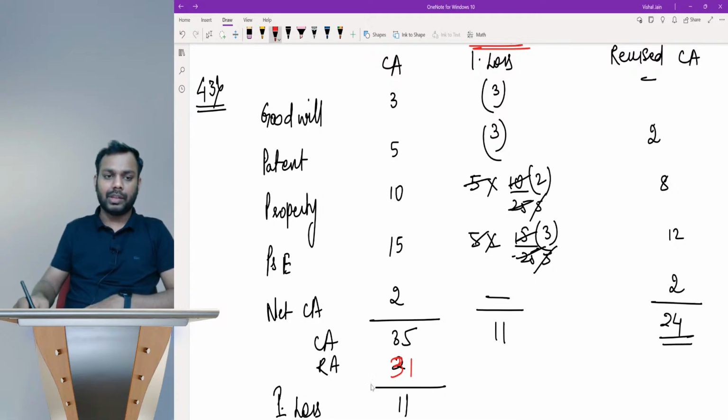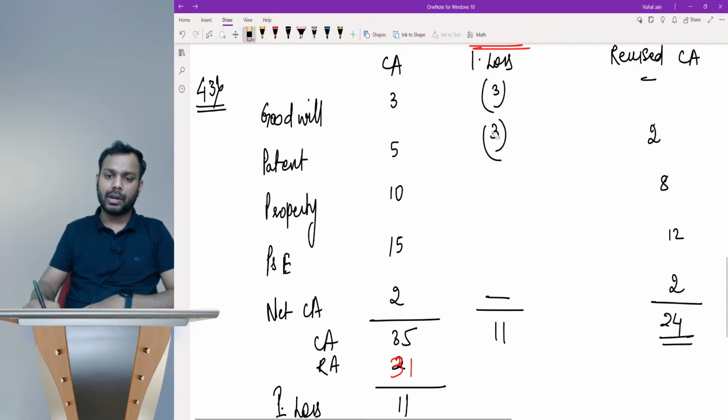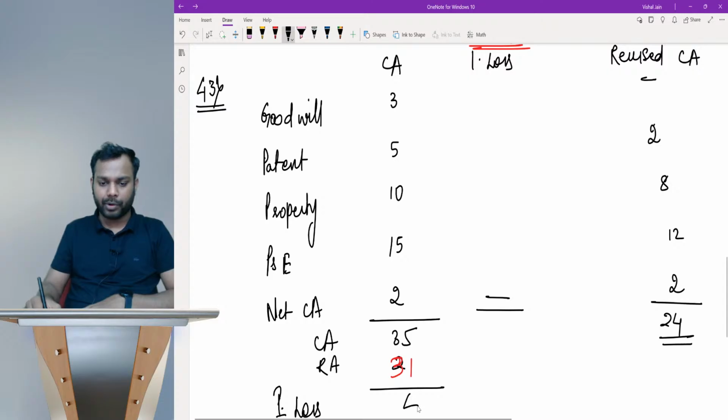Then again there will be no impairment loss on this one, no impairment loss on this one, no impairment loss on this one, right? Let's remove it. So what is the total impairment loss? In that case, the total impairment loss would have been 4. Out of that, first I will impair this and the remaining I will charge onto this.